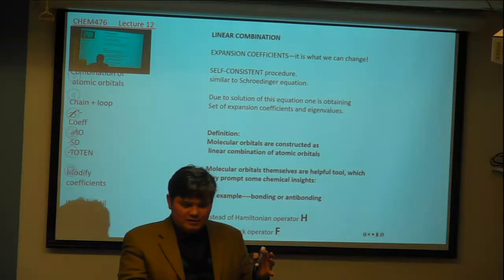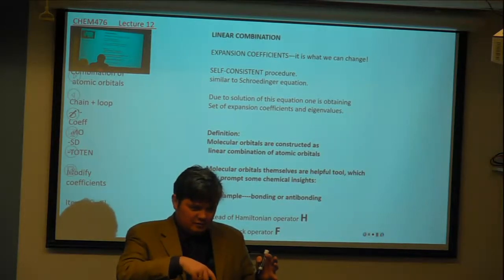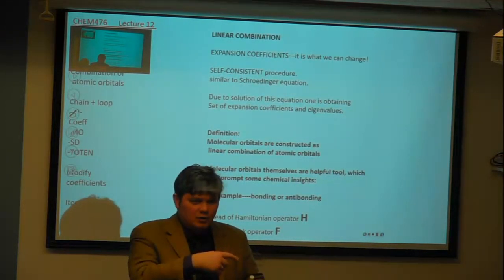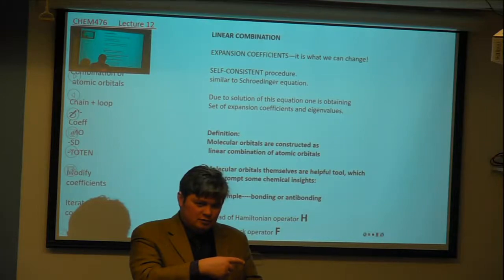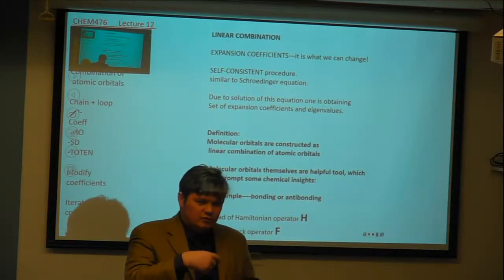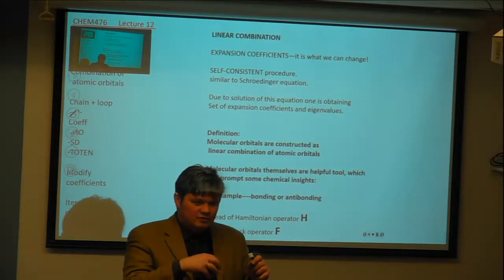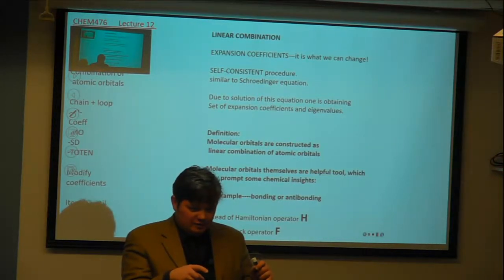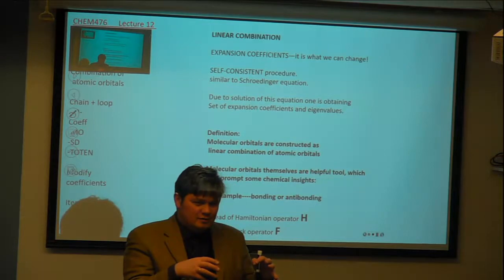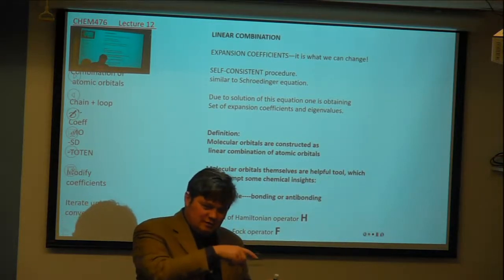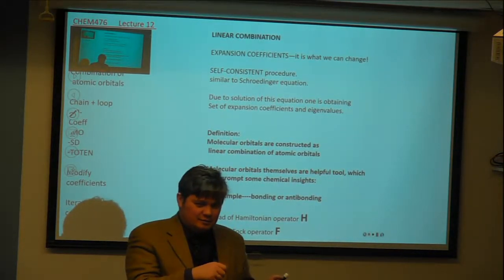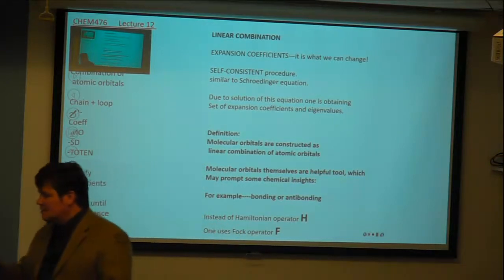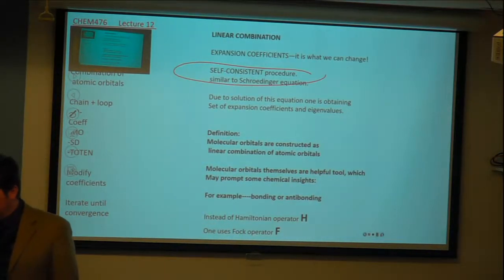And we know that forces and potentials that act on the electron depend on whatever we believe is the solution. So one needs to iteratively repeat: find some intermediate solution, find the force or whatever potential will act on the electron, resolve it again, plug it in, and so it's like a snake eating its tail. Self-consistent. Okay.